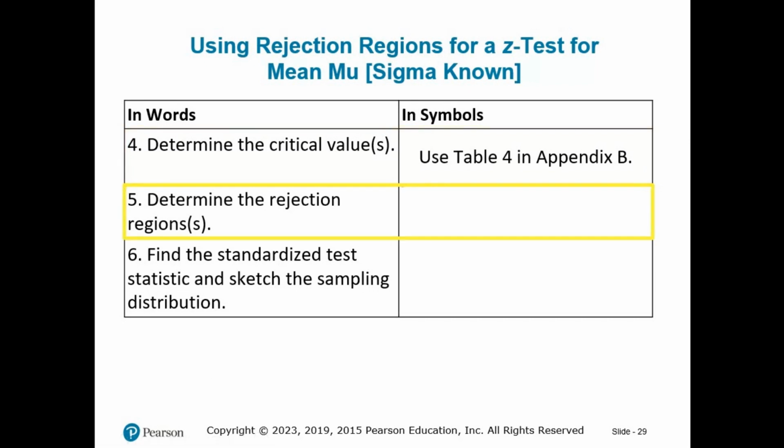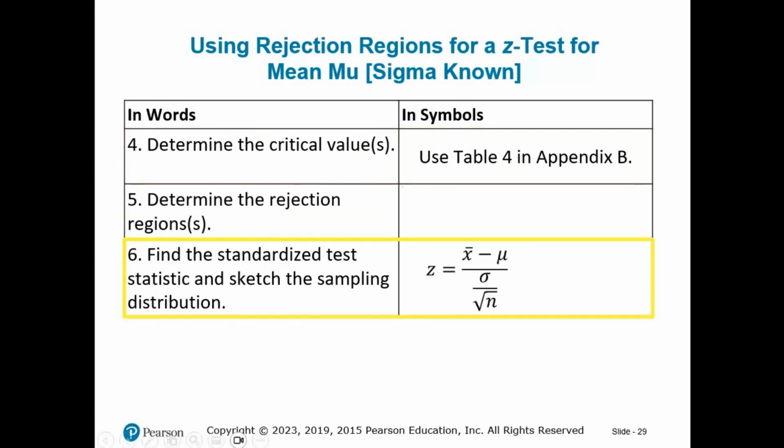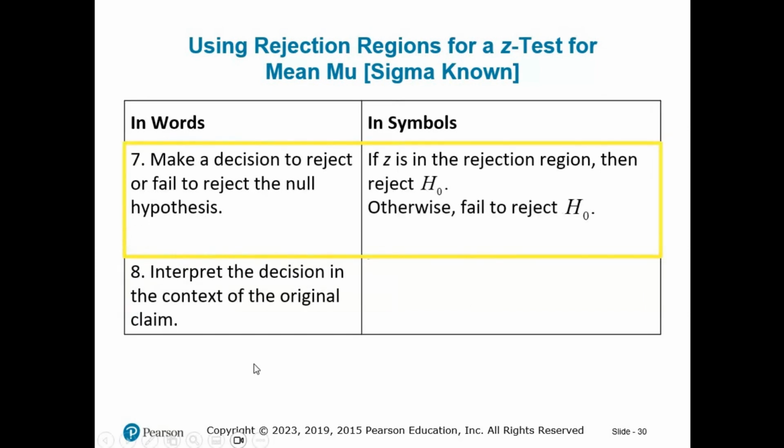Next, we determine the rejection regions on the graph. Then we find the standardized test statistic by using this handy formula. And we're almost done. The next thing we do is compare this found value to our area and make a decision whether to reject or fail to reject the null hypothesis. Lastly, interpret the decision in the context of the problem using the language of the original claim.